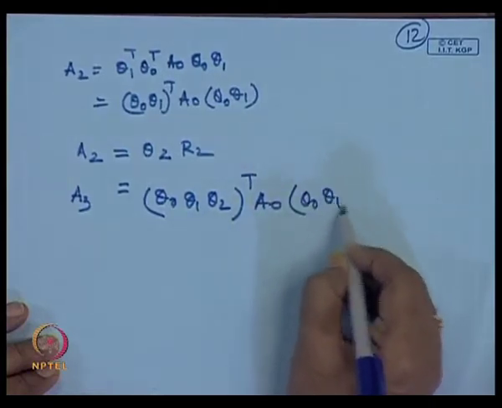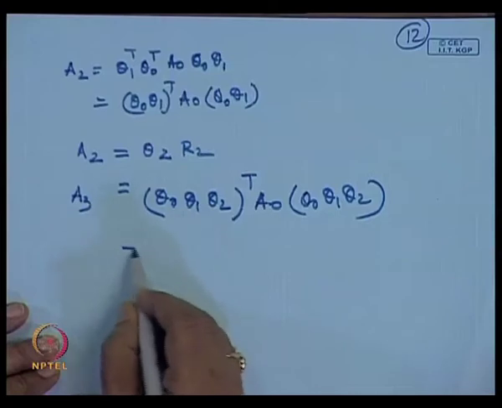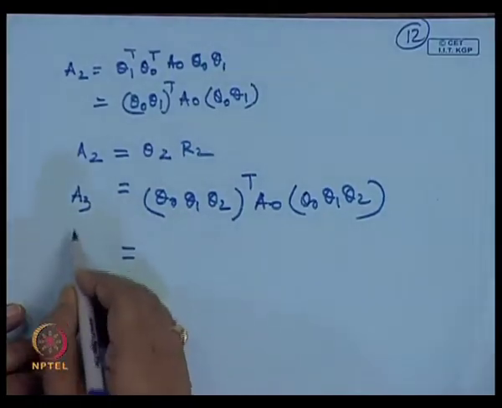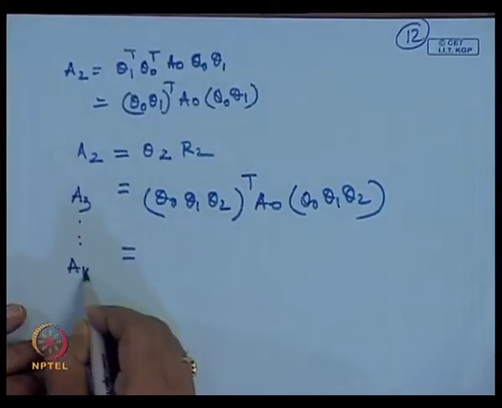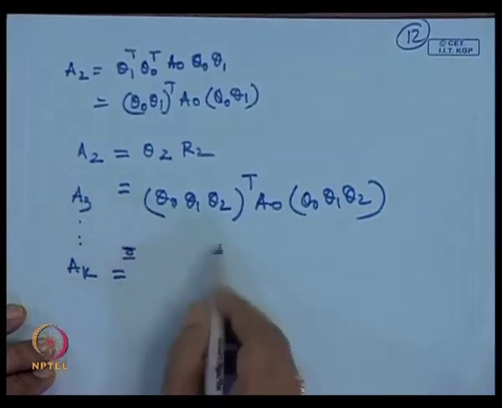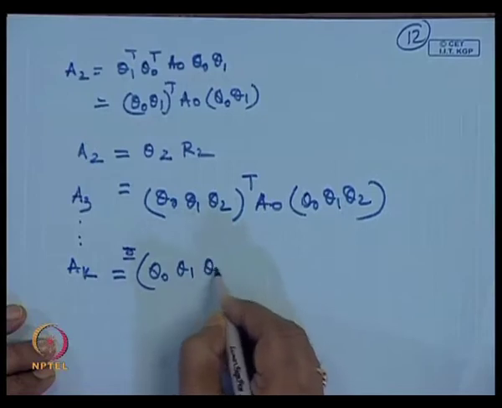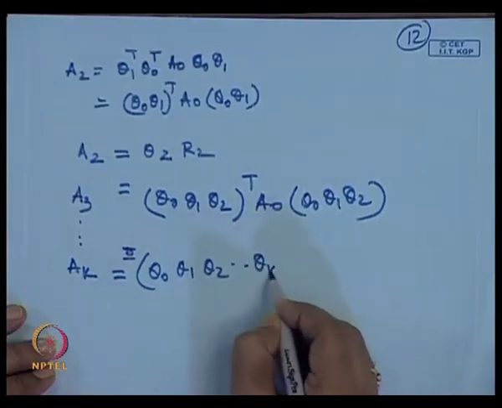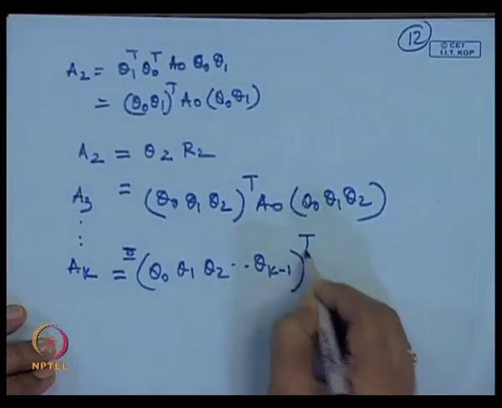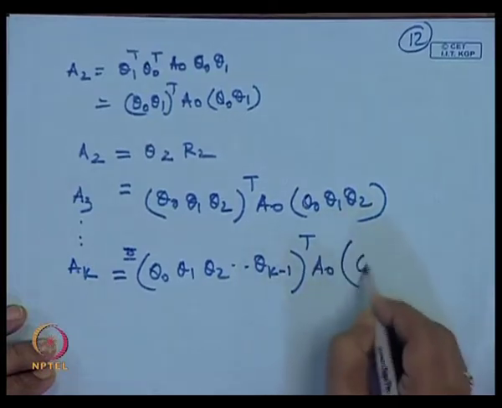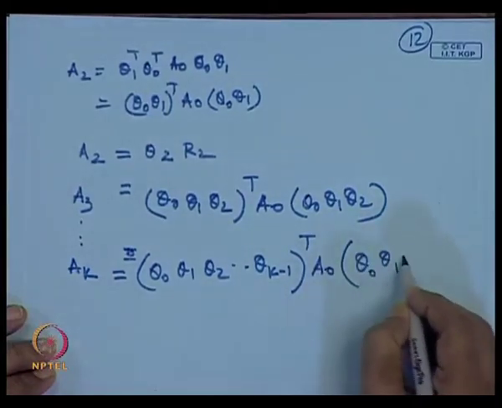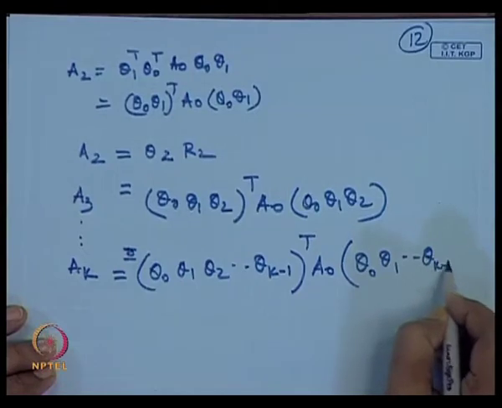And ultimately, if you do the kth iteration, A k is Q 0, Q 1, Q 2, up to Q k minus 1, whole transpose, A 0, Q 0, Q 1, up to Q k minus 1.